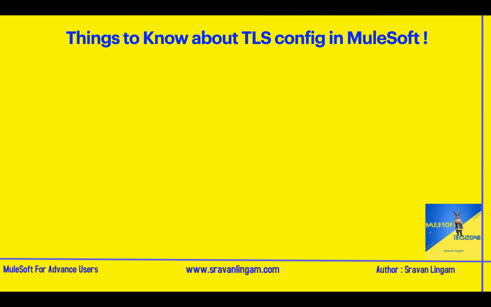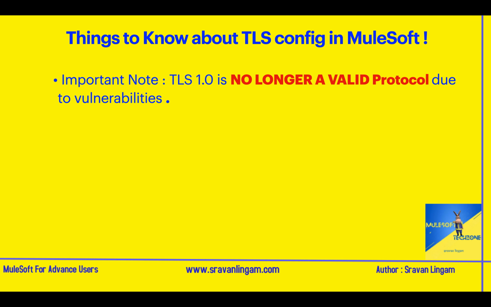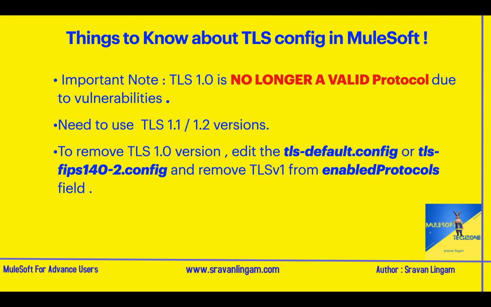Things to know about TLS config in MuleSoft. An important note is that TLS 1.0 is no longer a valid protocol due to its vulnerabilities, so you need to use TLS 1.1 or 1.2. To remove TLS 1.0, you have to edit the tls-default.conf or tls-fips140-2.conf file and remove TLSv1 from the enabledProtocols field.